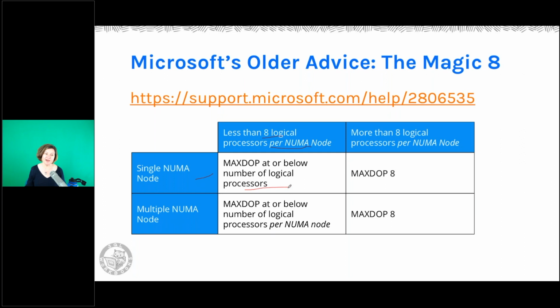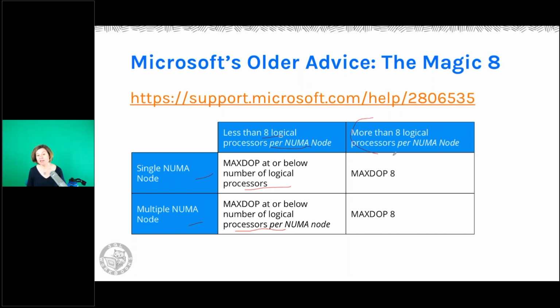So in other words, I have one NUMA node and I don't have more than 8 processors, so I would go 8 or below. If I have multiple NUMA nodes, they recommend that you set MAXDOP, so let's say I have 8 processors and I have 2 NUMA nodes, so I have 4 each. They would recommend going at 4. You want to look at the number of processors in the NUMA node, and go at or below.